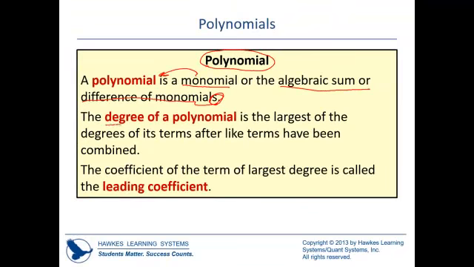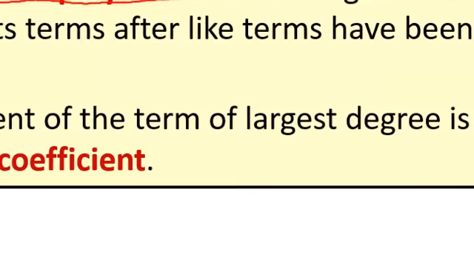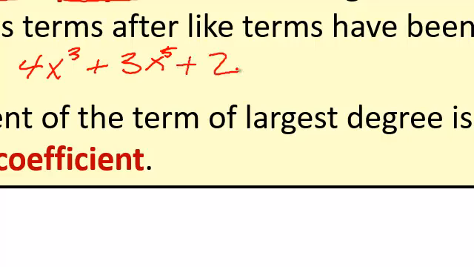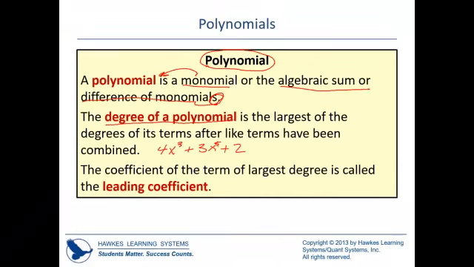Now, like we said, the degree of the polynomial is the largest of the degrees of its terms after like terms have been combined. So once we combine all of our terms to simplify the algebraic expression, let's say we've got 4x to the 3rd plus 3x to the 5th plus 2, something like that. What we want to do is express our terms in a way that we put the highest degree of the exponential values first.